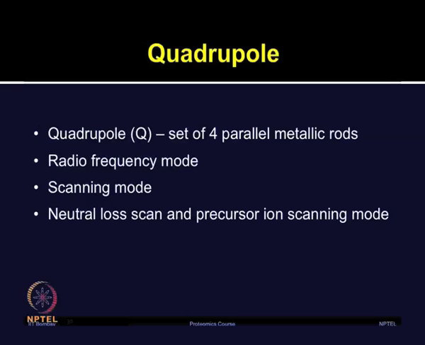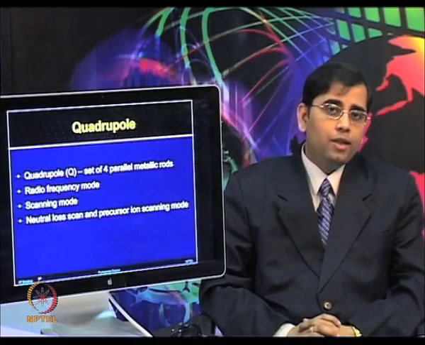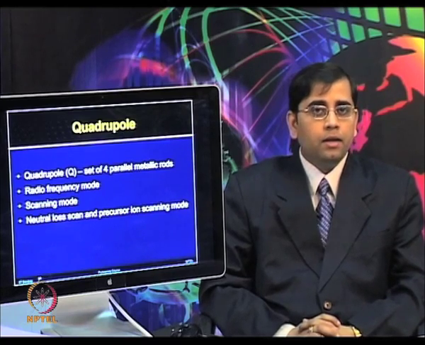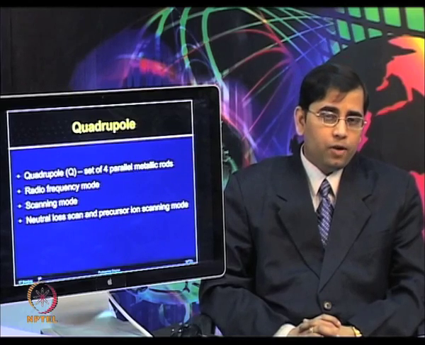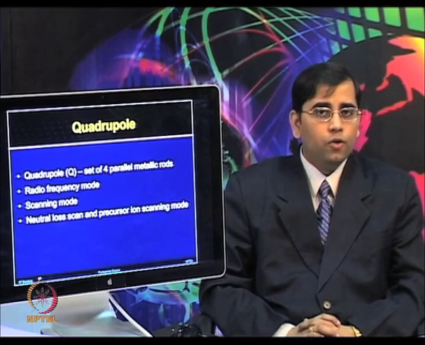With the potential difference applied, the instrument can be used as a mass filter. The neutral loss scan and precursor ion scanning methods are used for phosphorylation to distinguish the phosphorylated and non-phosphorylated peptides.